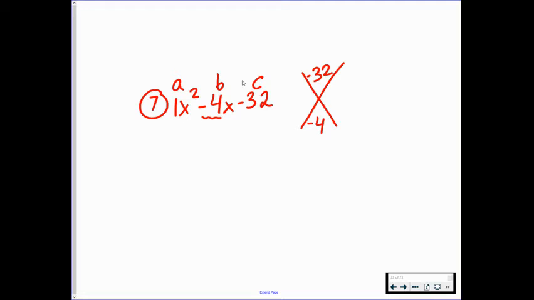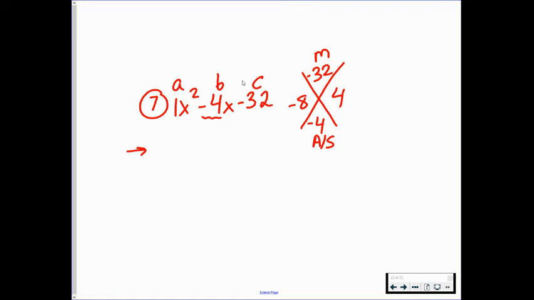So on either side of this x, we need to find 2 terms that multiply to make the top, but add or subtract to make the bottom. Now after you go through your factor pairs, 8 and 4 make 32, but in order to make that a -32 and this a -4, that's going to have to be a -8. -8 times 4 is -32, and -8 plus 4 is -4.